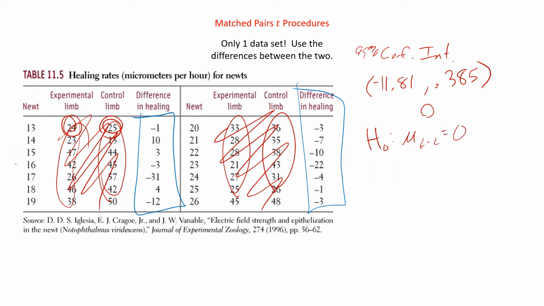That would be there's no difference. And generally speaking, with matched pairs, the mean will always equal 0 for your null hypothesis. And then the alternative, experimental minus control, is less than 0 because we're trying to show the experimental limb has a quicker, less healing time than the control limb. So we have that. We check our conditions. I'm going to assume that they're good.